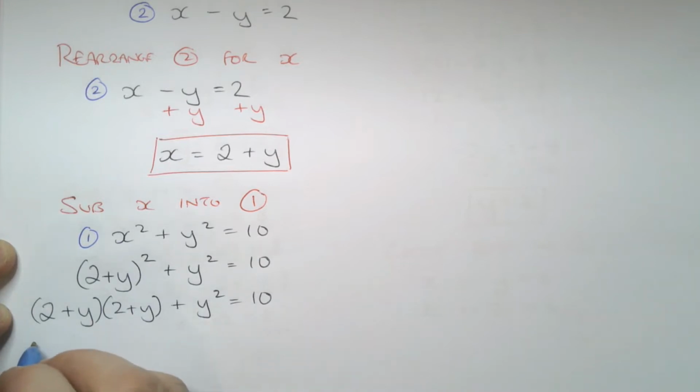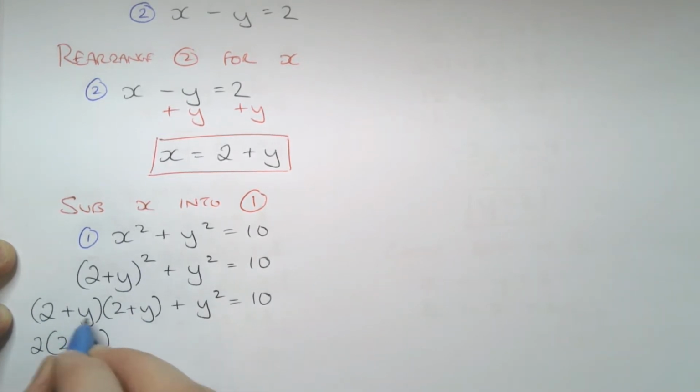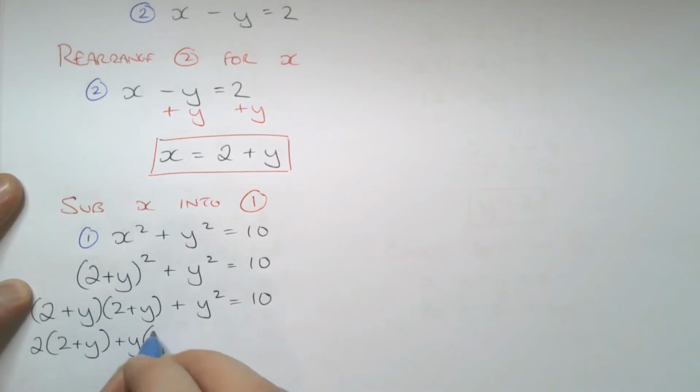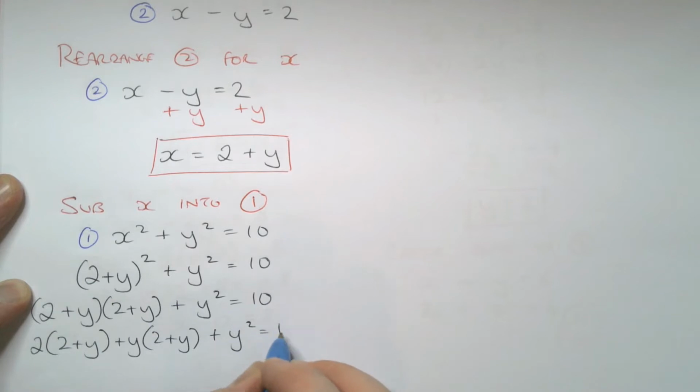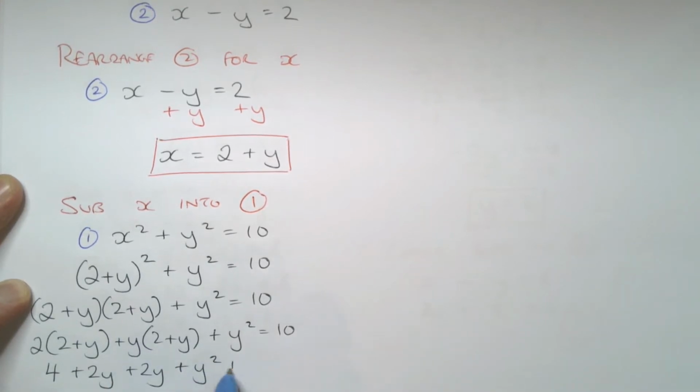You can do this by a variety of methods, but I'm going to do 2 by this bracket and plus y by this bracket. And then I add in the rest of my equation, which hasn't changed. I clean it up. 2 by 2 is 4, 2 by y is 2y, y by 2 is 2y, y by y is y squared, plus y squared equals 10.